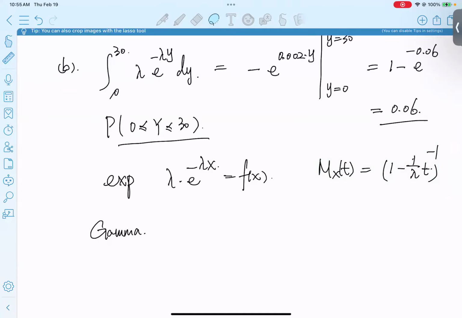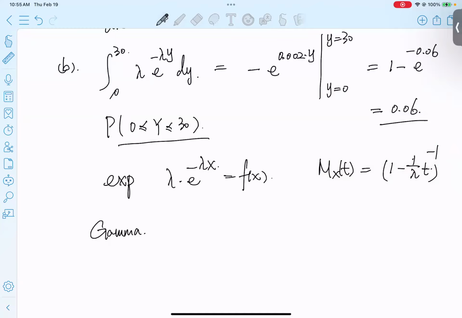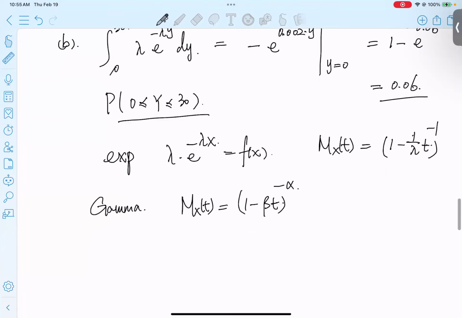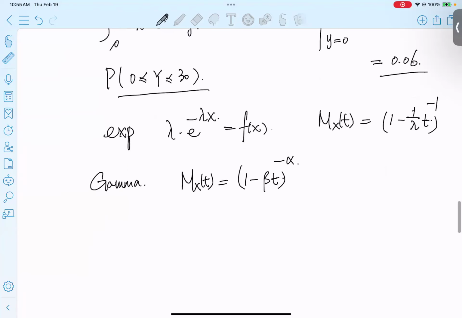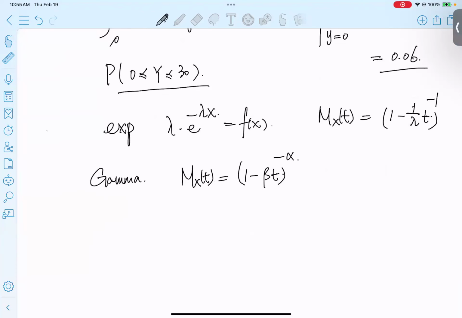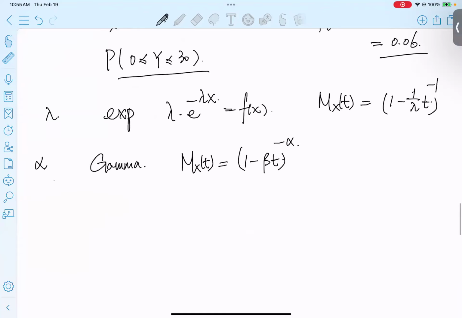That's the moment generating function of that. The moment generating function for the gamma distribution is 1 minus beta t to the negative alpha. The exponential distribution only has 1 parameter, lambda. The gamma distribution has 2 parameters, alpha and beta.